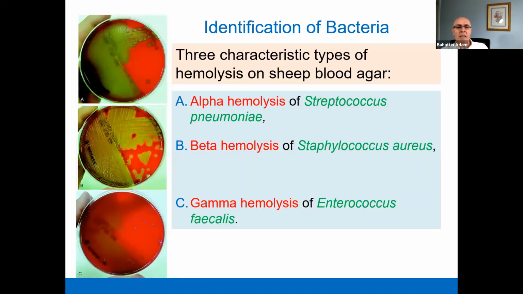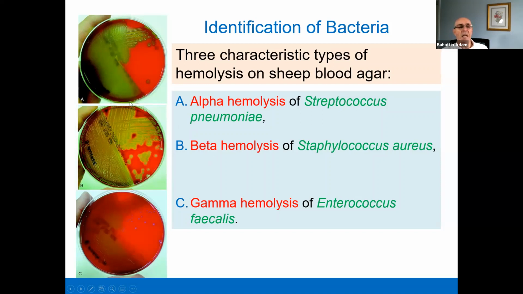Okay, the type of hemolysis by bacteria also helps us to distinguish bacteria if you plate them on sheep blood agar. As you see here, there are 3 different types of hemolysis: alpha hemolysis, beta hemolysis, and gamma hemolysis.